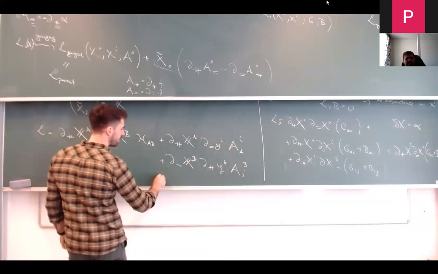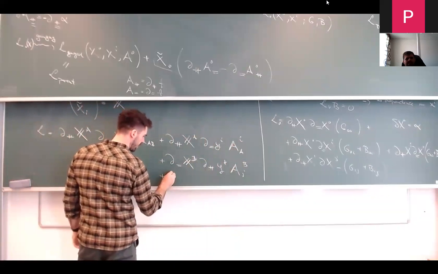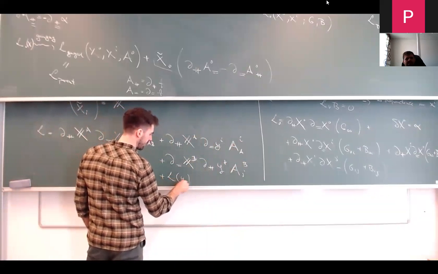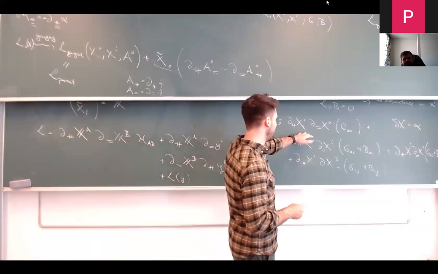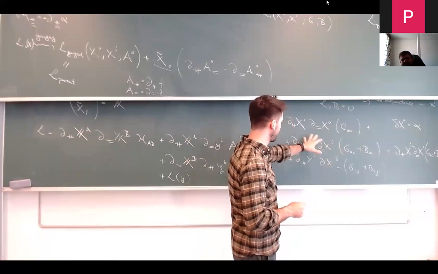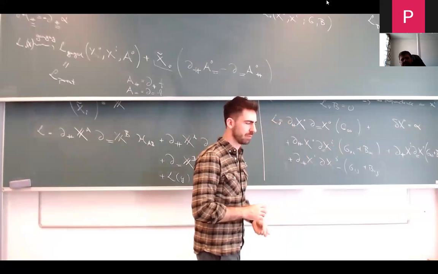And the last term will be just the last term. I won't even spell it. It will be something in the base. So there's no restrictions on the base part of the Lagrangian. It's similar to here, the similar splitting as we considered in the one isometric case.